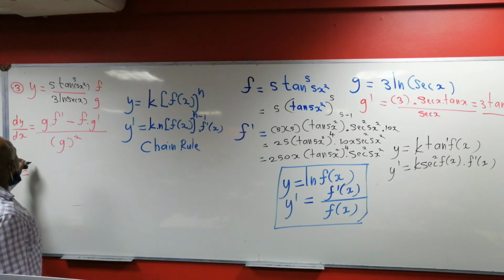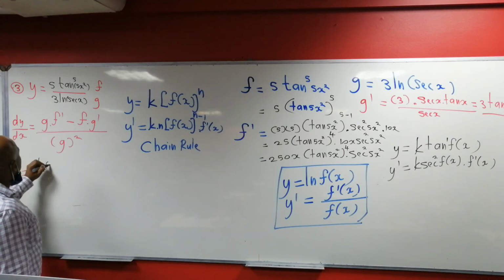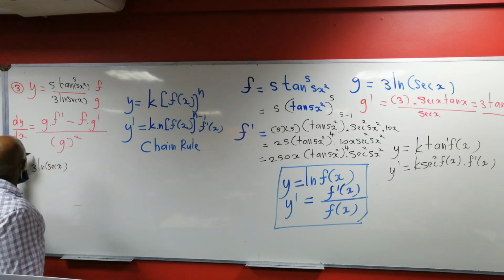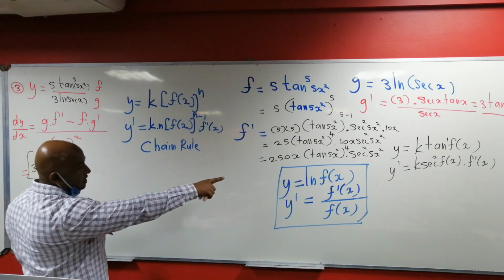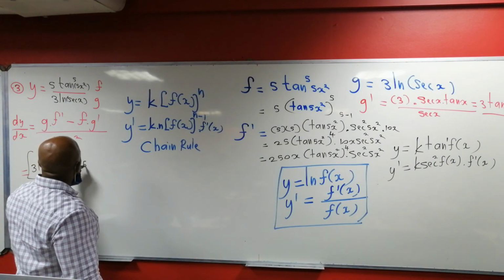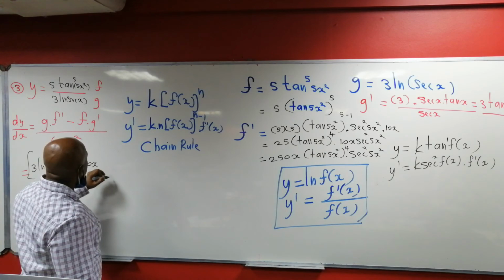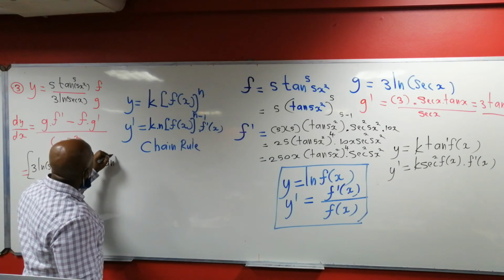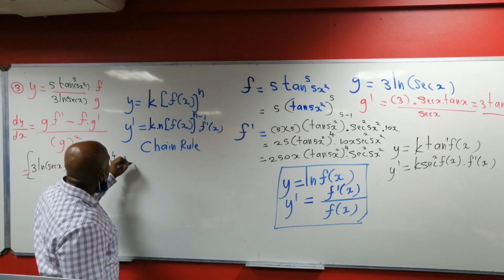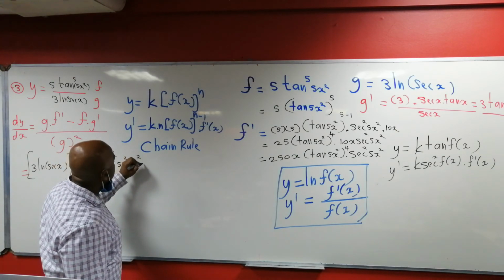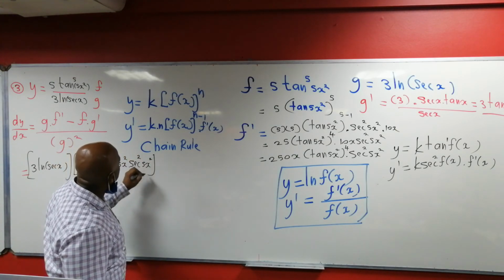G is the denominator, which is 3 ln sec x. F prime, what was my f prime? It's this here. So that's 250x tan to the power 4 of 5x squared times sec squared of 5x squared.